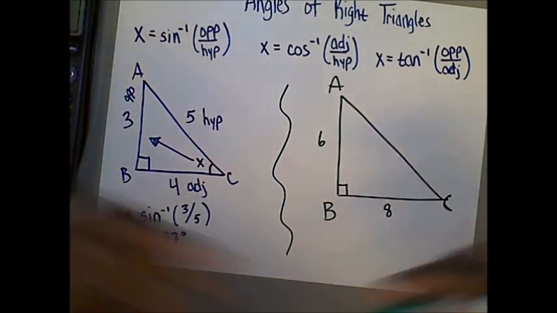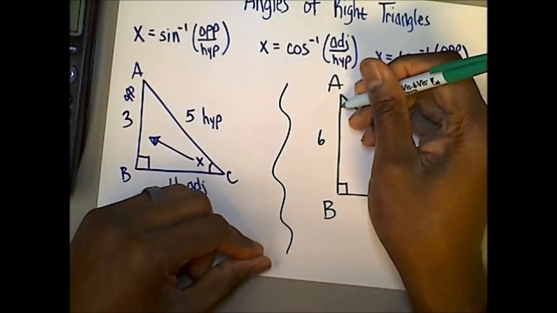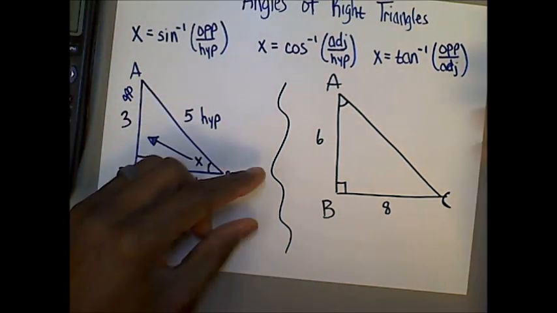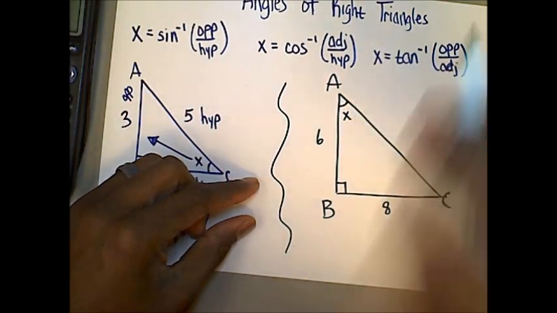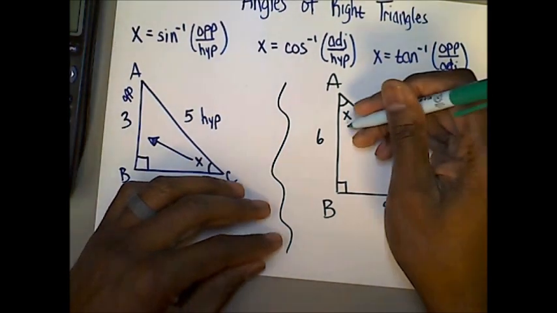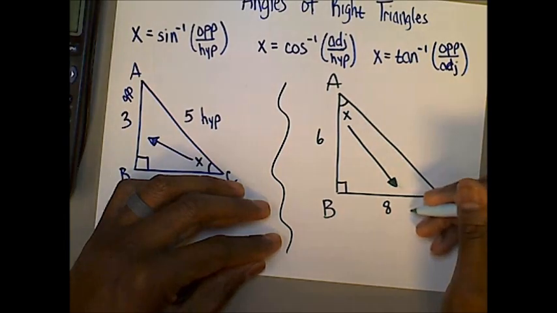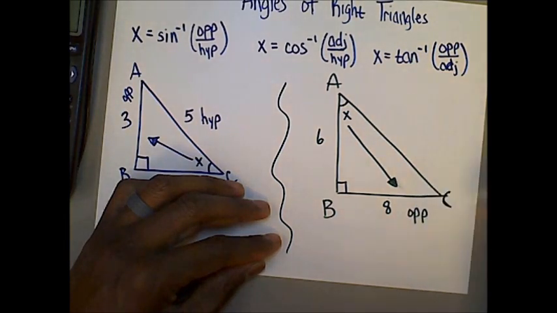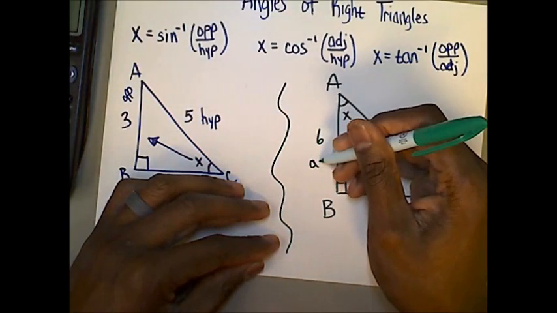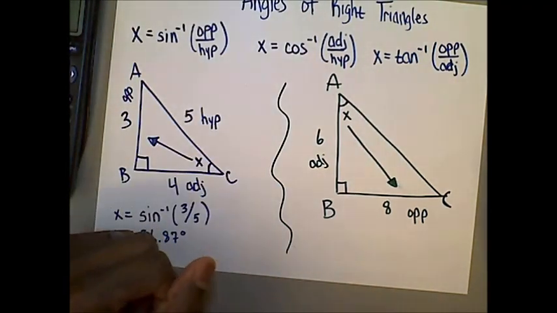So, regardless, say for example I want to now work with angle A. Okay? I want to know what angle A is equal to. So I'm going to use this as my variable x. And since this is the angle that I'm working with, draw my arrow to find my opposite side. This is opposite. Okay? This is my adjacent side. Remember, the opposite and adjacent sides change based on the angle that we're working with.